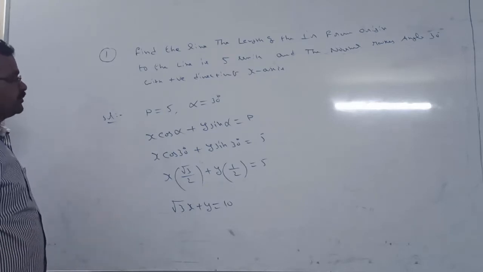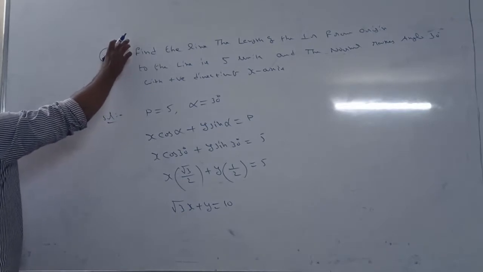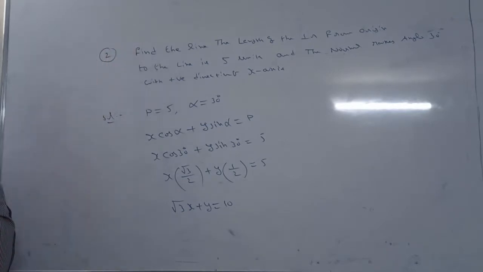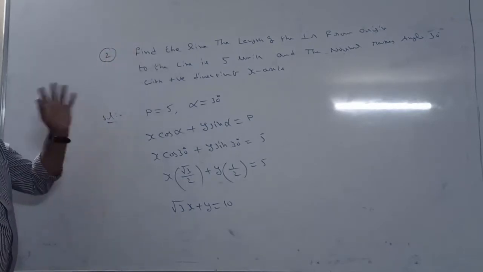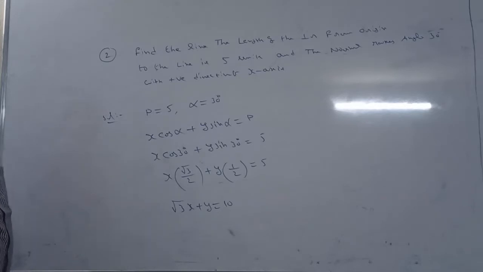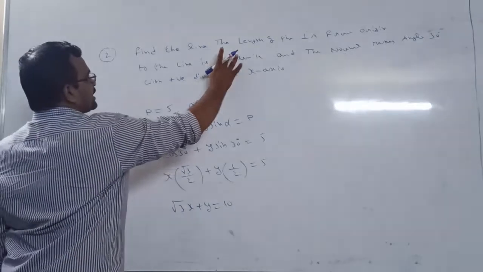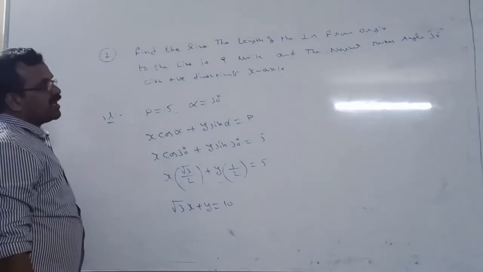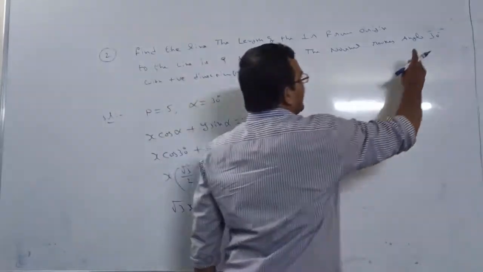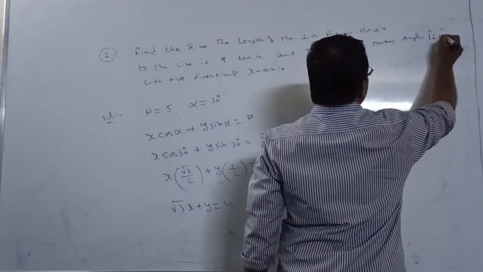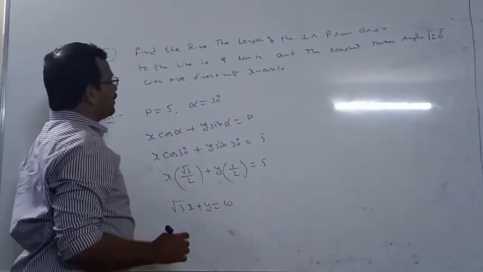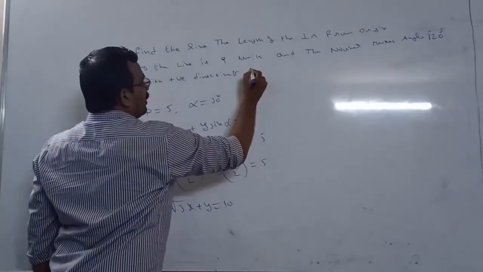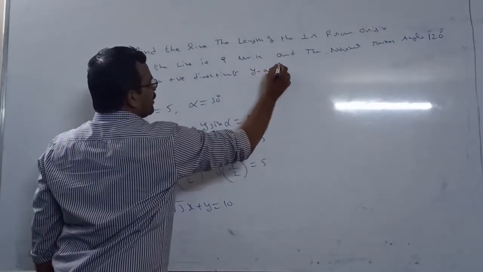Next, one more question. Find the line. The length of the perpendicular from the origin to the line is 9 units, and the normal makes an angle 120 degrees with the positive direction of the y-axis.